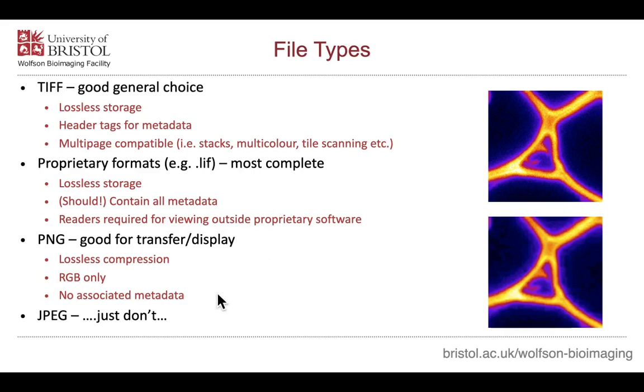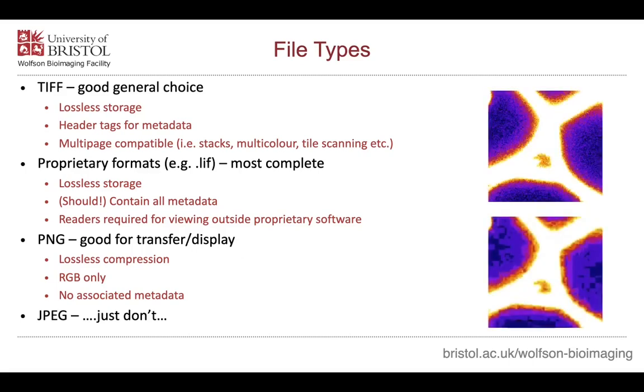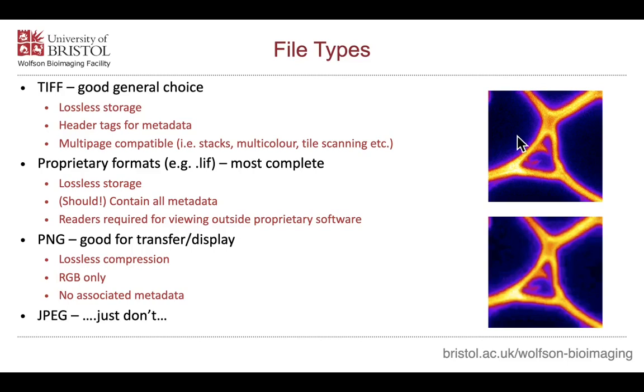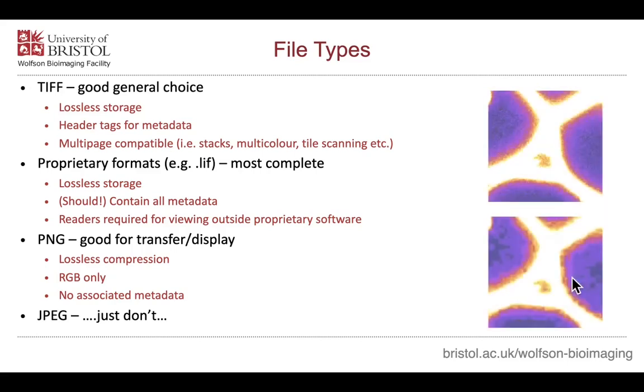And JPEG, I've got just don't. I'm kind of reverting to thinking that's a bit harsh now. The reason I put just don't is you can see over here you've got a TIFF version of the image and a JPEG version of the image. And so you can see on here a little bit of artifacts introduced if I change that to a constrained intensity scale. The TIFF image here, you still have all the nice noise speckle that you can see.